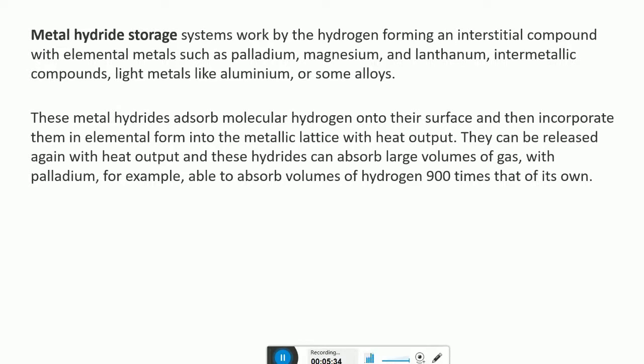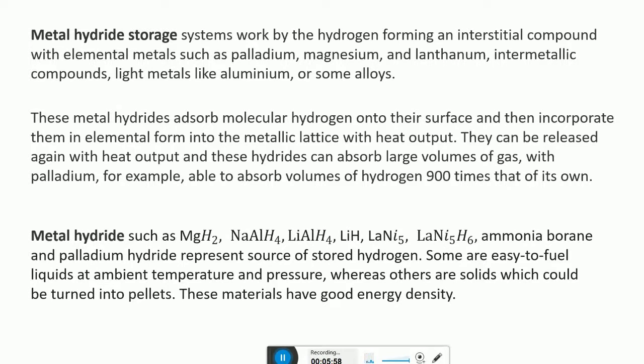In adsorption, hydrogen is attached to the surface of a material either as hydrogen molecules or as hydrogen atoms. In absorption, hydrogen is dissociated into hydrogen atoms, and then the hydrogen atoms are incorporated into the solid lattice framework.